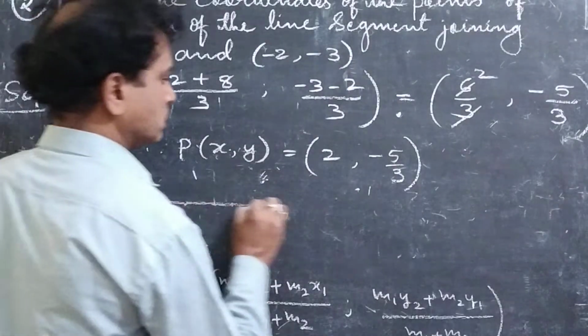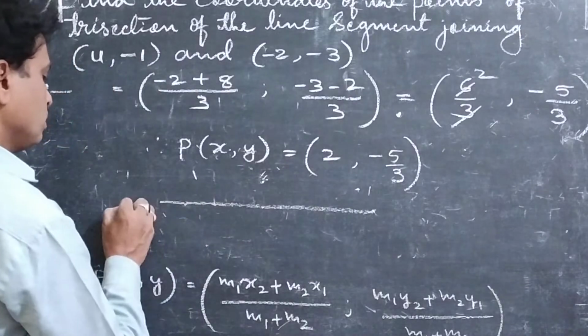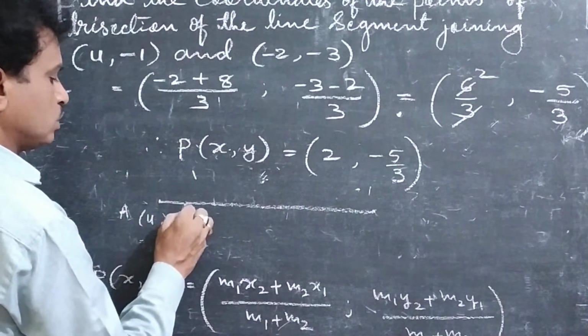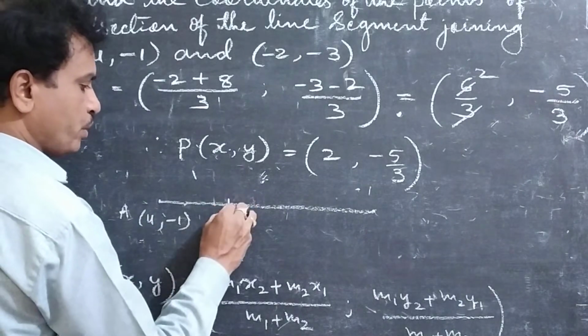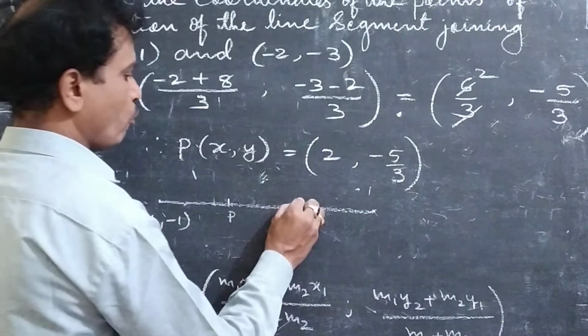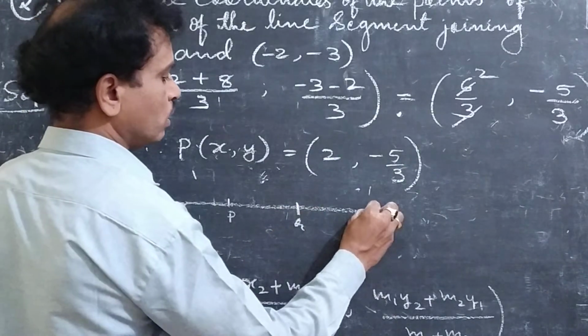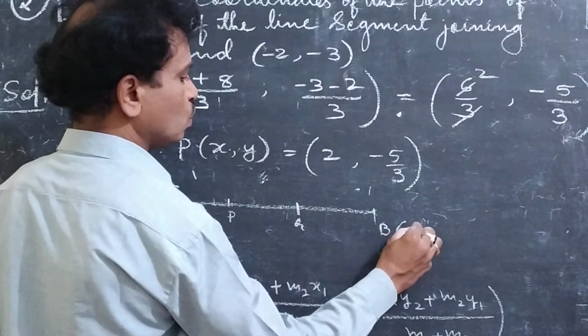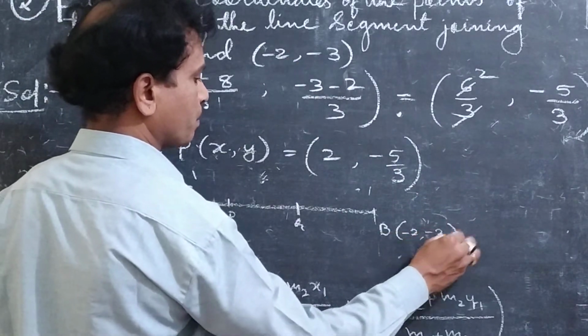We got one point. Next point. Now here is the same point A, (4, -1). P we already got, no need to take. Then point Q, and B is (-2, -3).